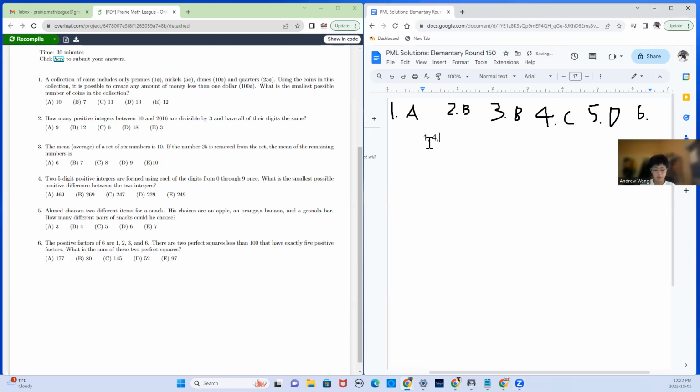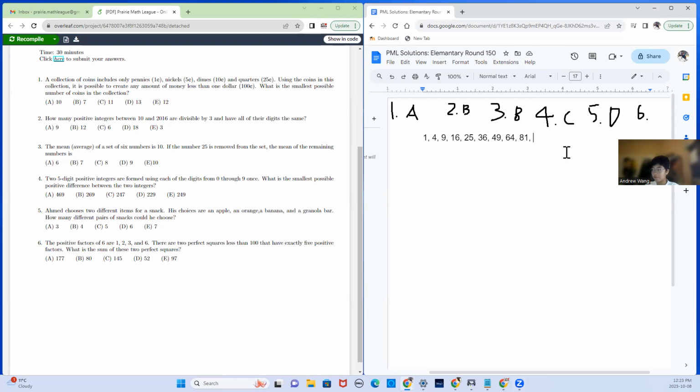They're 1, 4, 9, 16, 25, 36, 49, 64, and 81. And we're talking below 100, so 10 squared, 100, will not count. So these are the perfect squares list that we have.